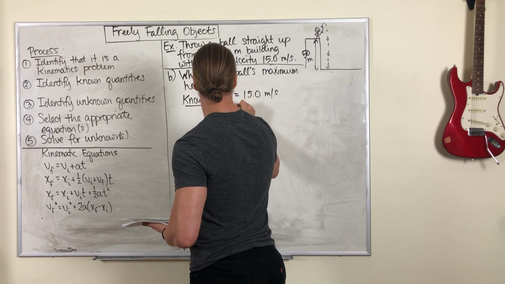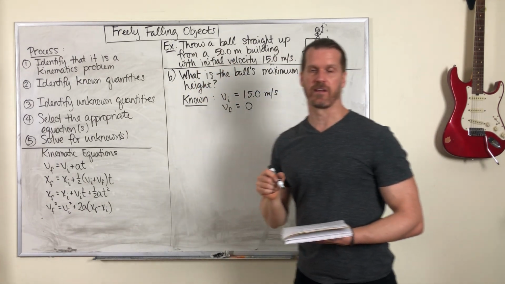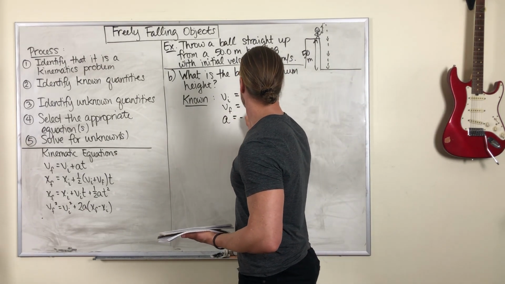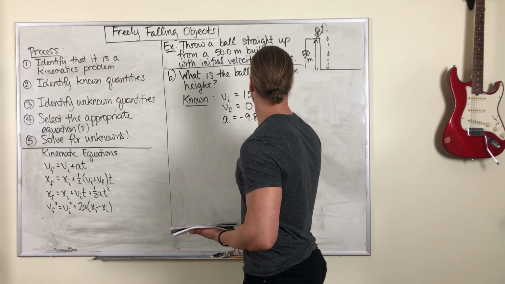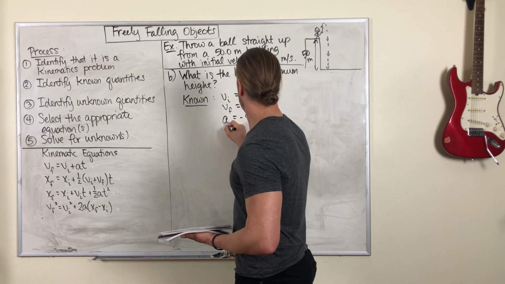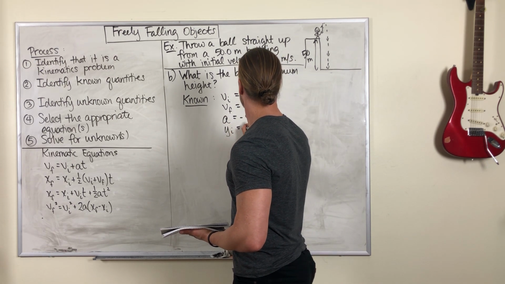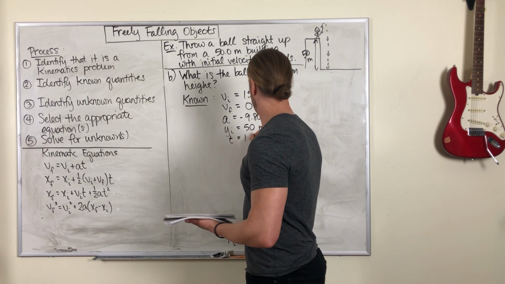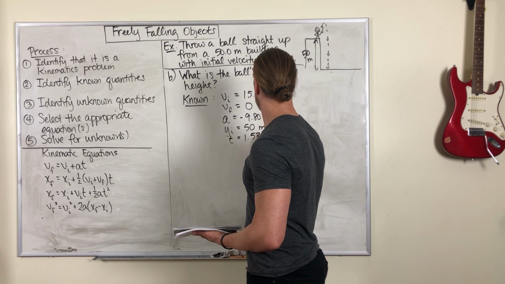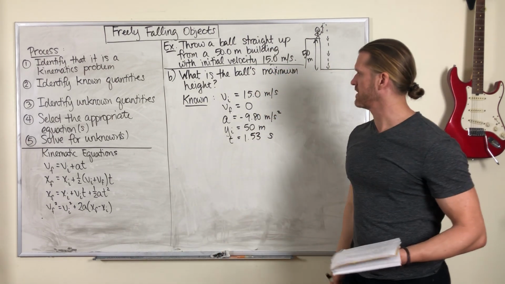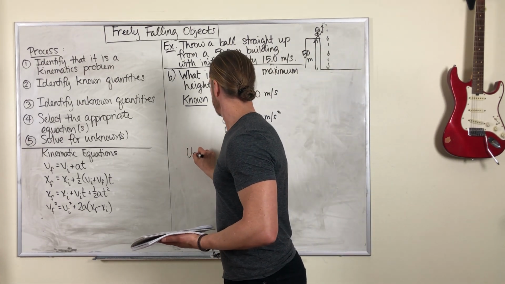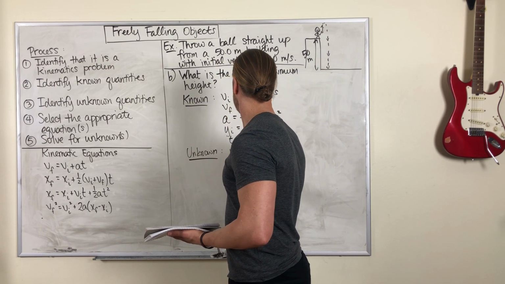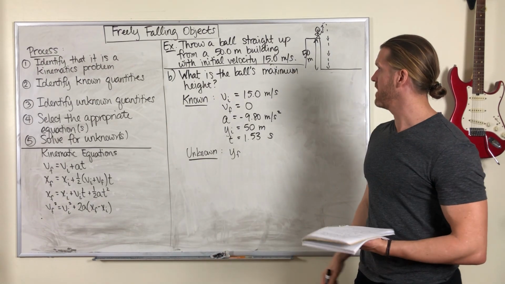V final, 0 meters per second at the peak of that motion. A, minus 9.8 meters per second squared. Y initial, 50 meters. T, 1.53 seconds to reach that peak height. Unknown, Y final. What is the final height at that maximum?